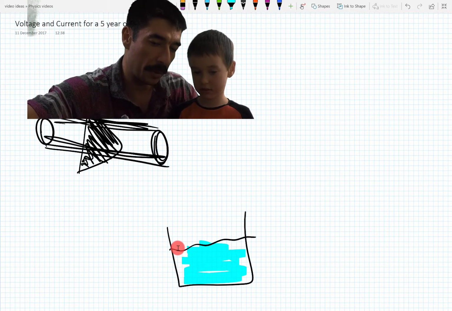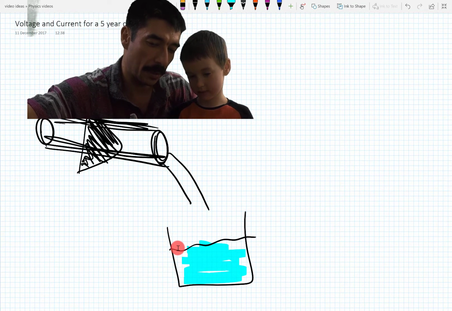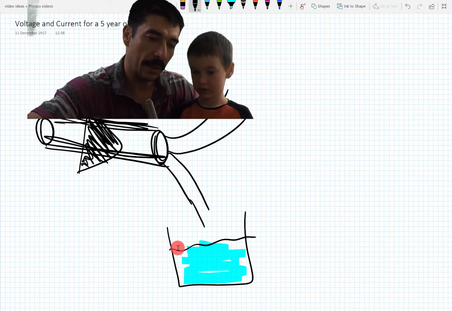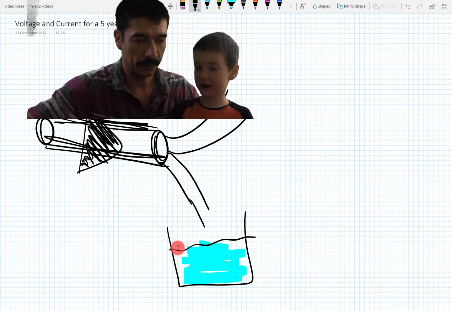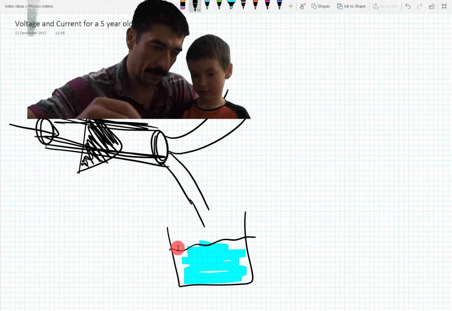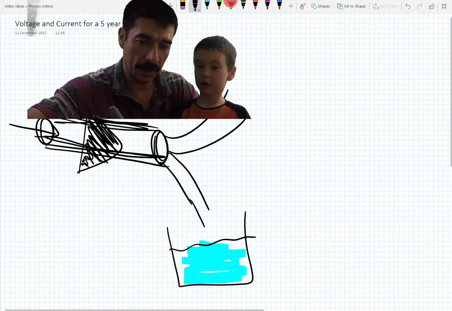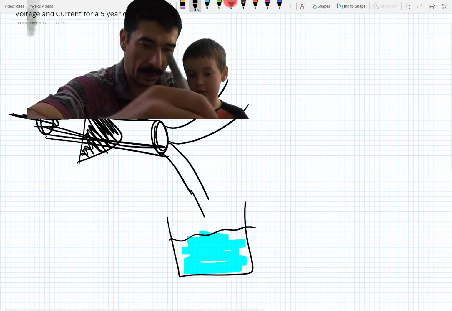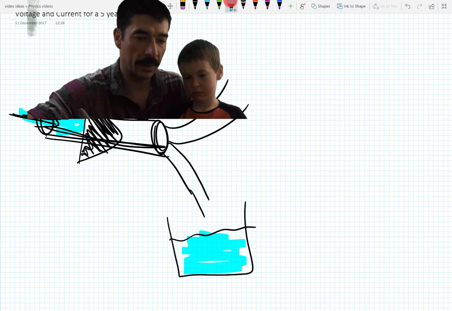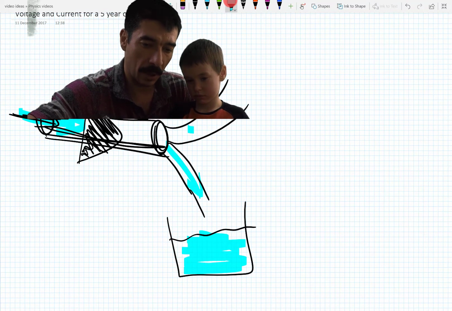Now, if I get this pipe and I split the pipe, so half goes this way and half goes this way, okay? If 2 cups per second come down this pipe here, it means it's going really fast. So 2 cups per second of water is going down here. How much comes down this one and how much comes down this one?